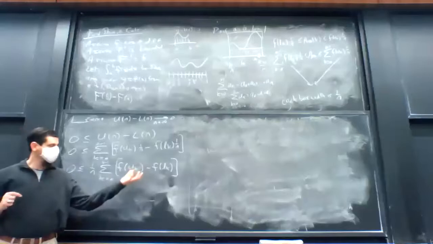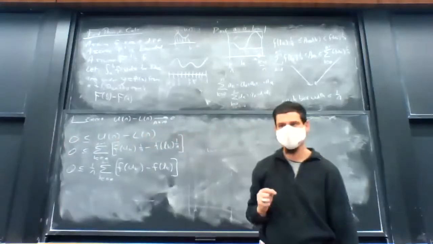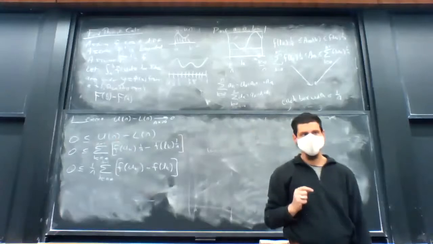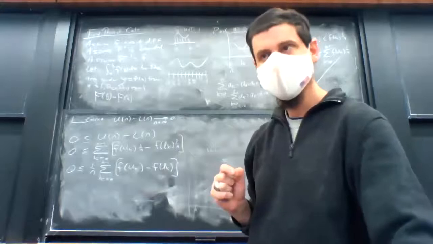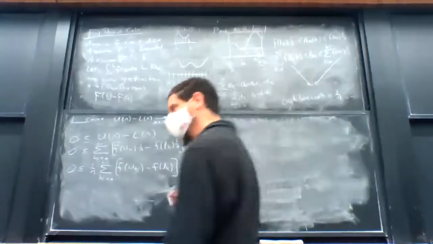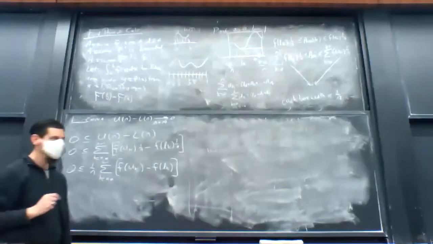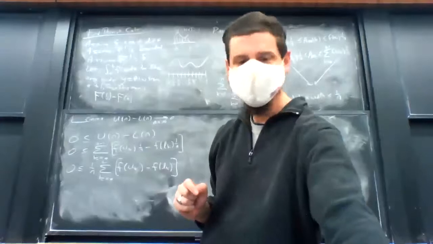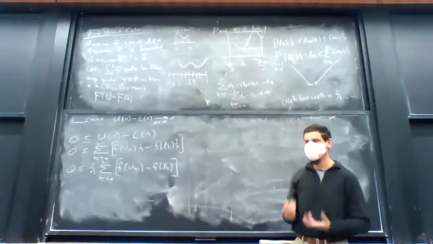Any thoughts about how we might analyze f of uk minus f of lk? How should we analyze it? I'm not trying to trick you. When in doubt, what's the guess? Mean value theorem.